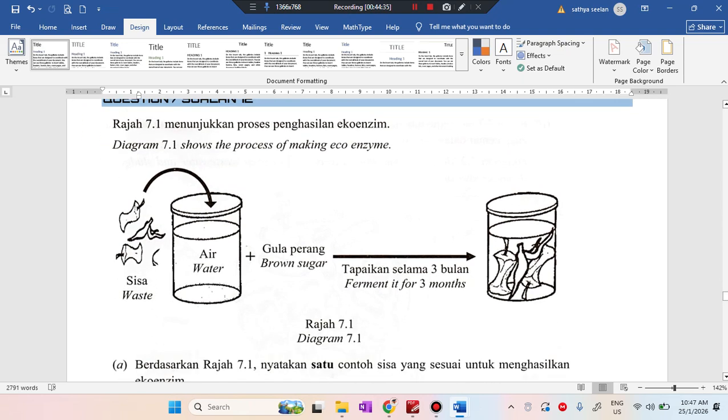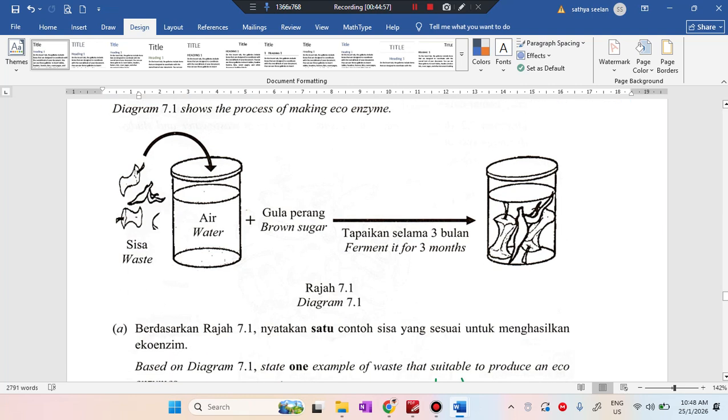For example, here, can you see the waste? You put it inside the water, add also brown sugar, and then ferment it for 3 months. One of my students did this just to show me, and I think I have the picture, but later I will show you if I have. She just simply did it for me.